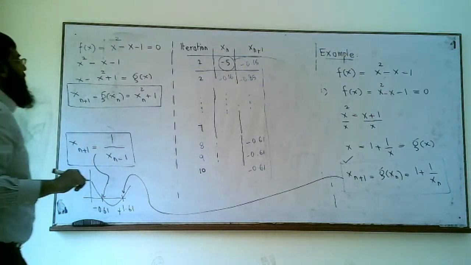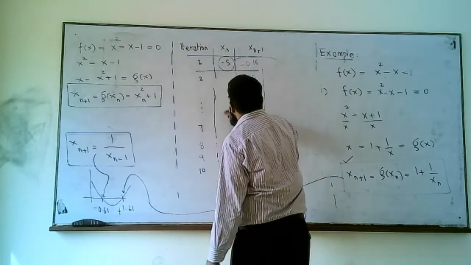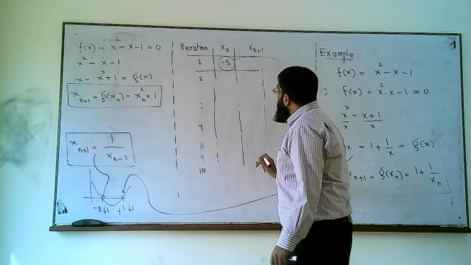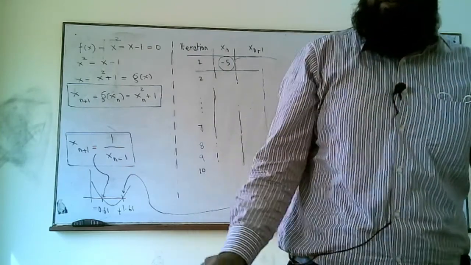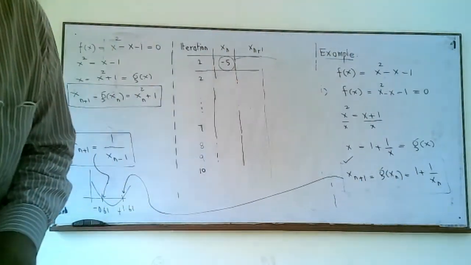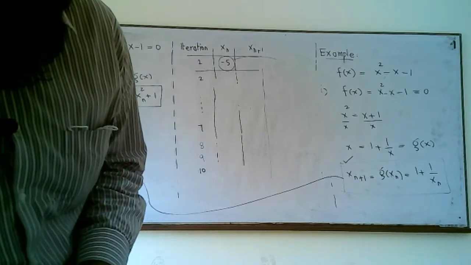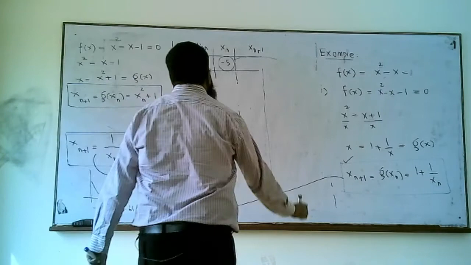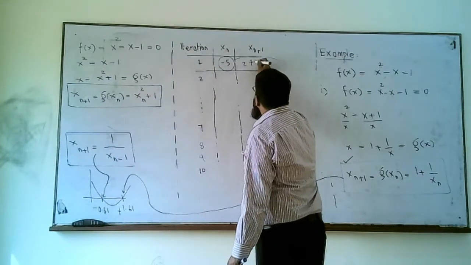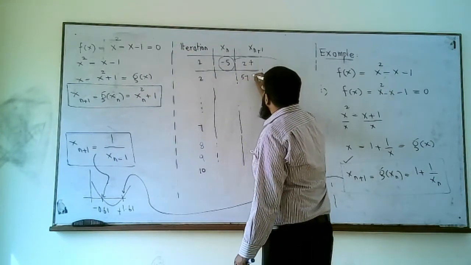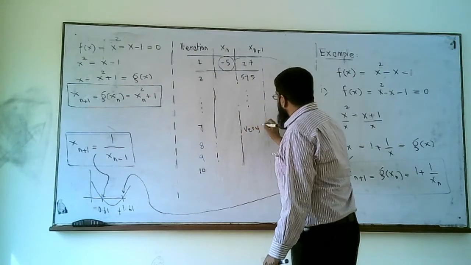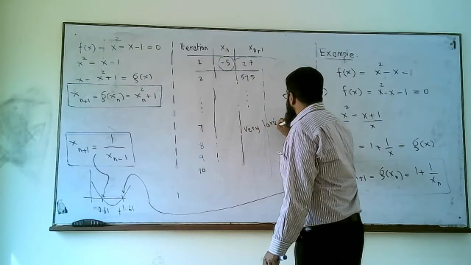If we go on with this x_{n+1} and start with the same starting point minus 5, it becomes 24,575 something, and it goes on and on. It doesn't converge.